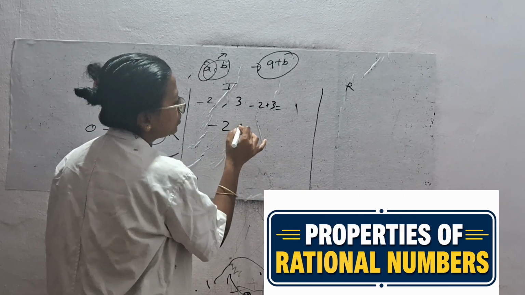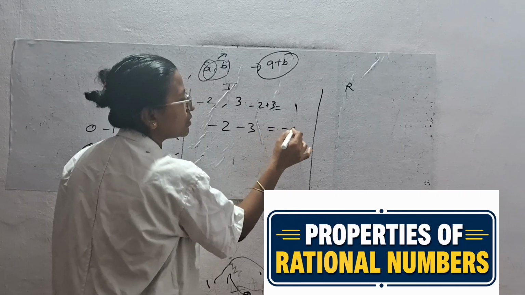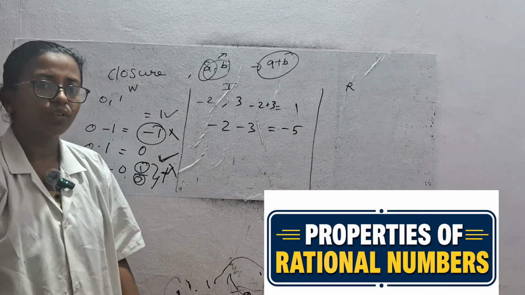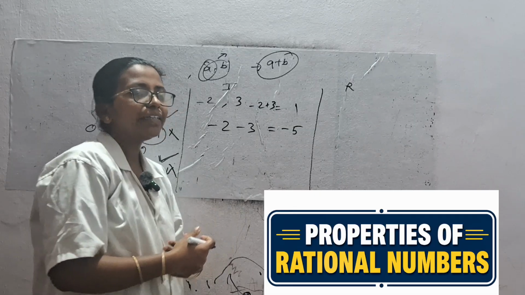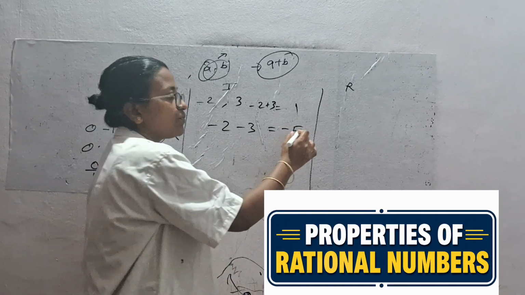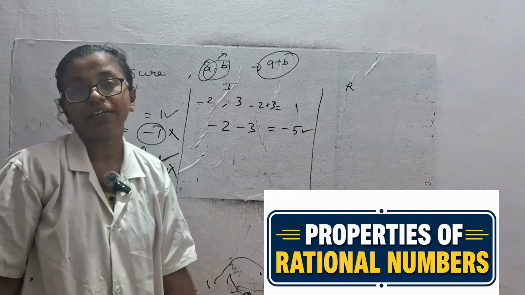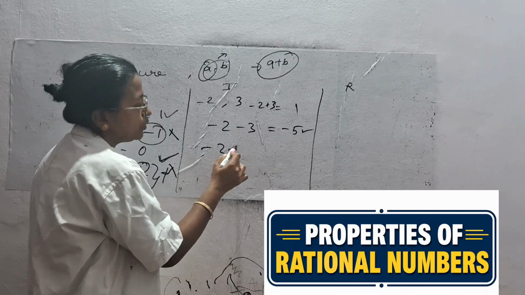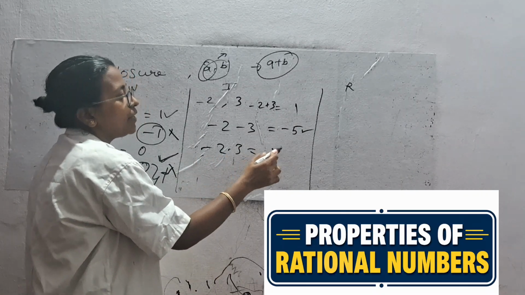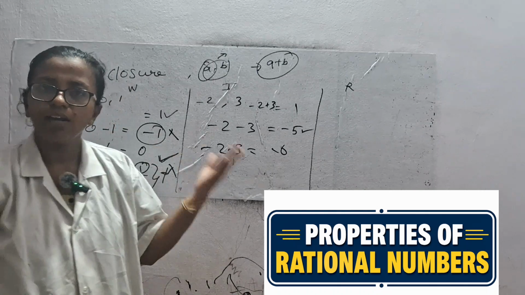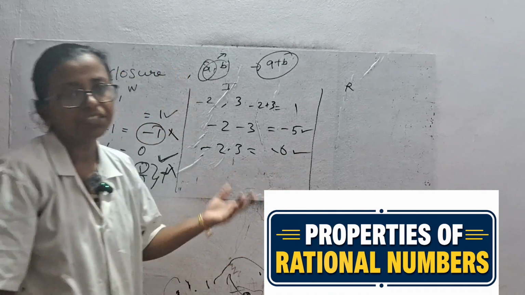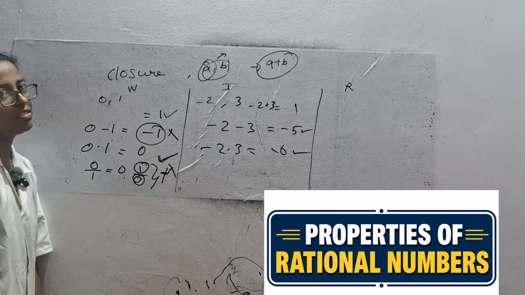Next, subtraction: minus 2 minus 3 is minus 5, which is also an integer. So closure is satisfied for negative numbers. Multiplication: minus 2 into 3 is minus 6, which is also an integer. So integers satisfy closure for multiplication.